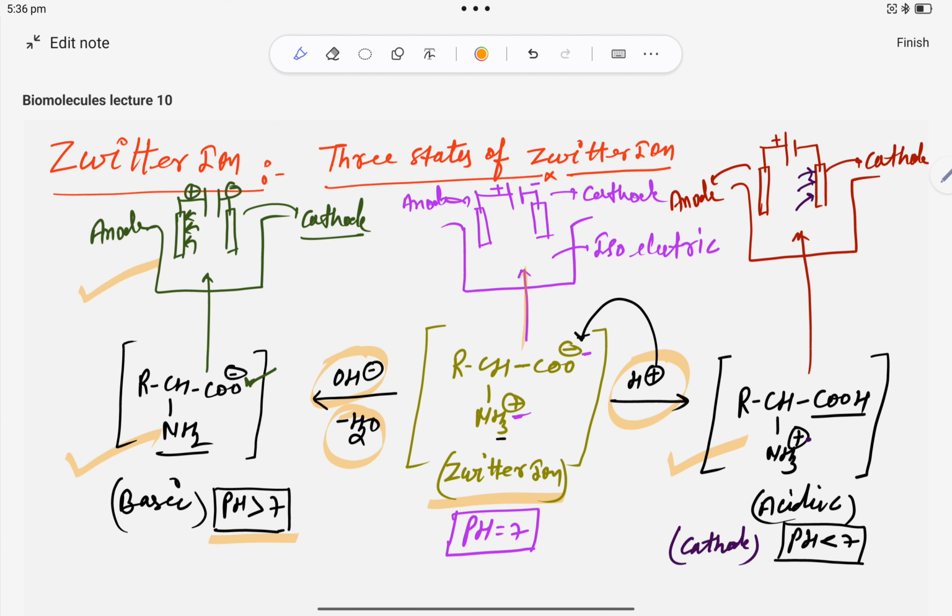And this zwitterion is not liberated anywhere. This is called isoelectric point. Okay guys, so this is the zwitterion. I hope it is clear to you.